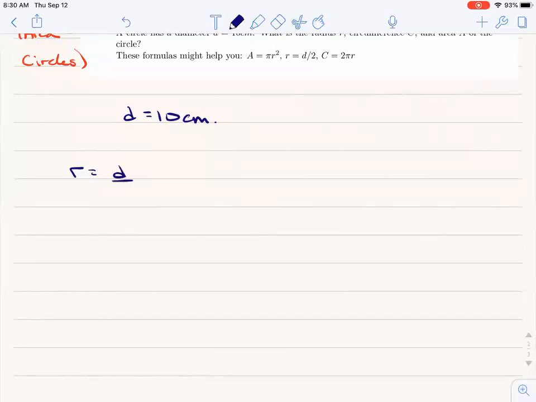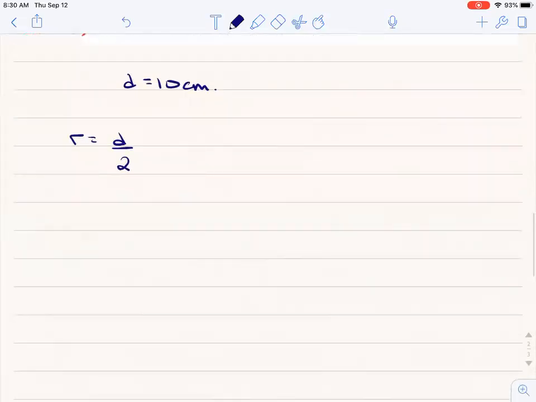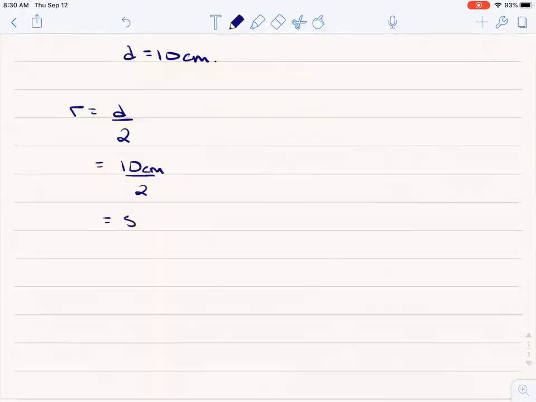We'll start with the radius because we need the radius in all our other calculations. So the radius is d over 2, which is just 10 centimeters over 2, putting us at 5 centimeters. We're just gonna have it showing that. If you just said 5 centimeters, that's fine.